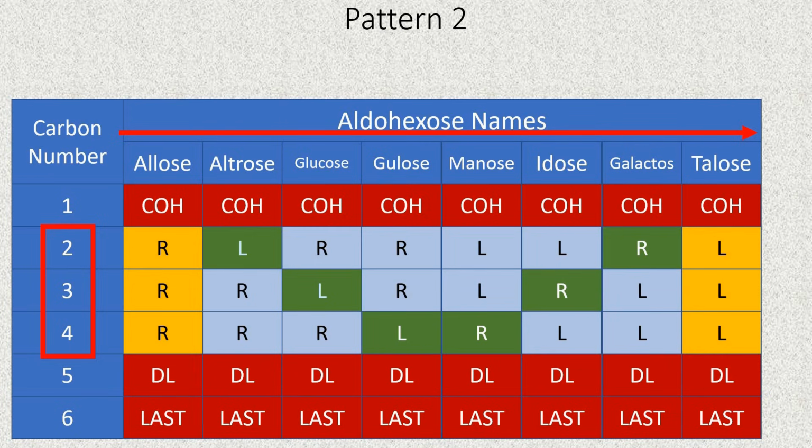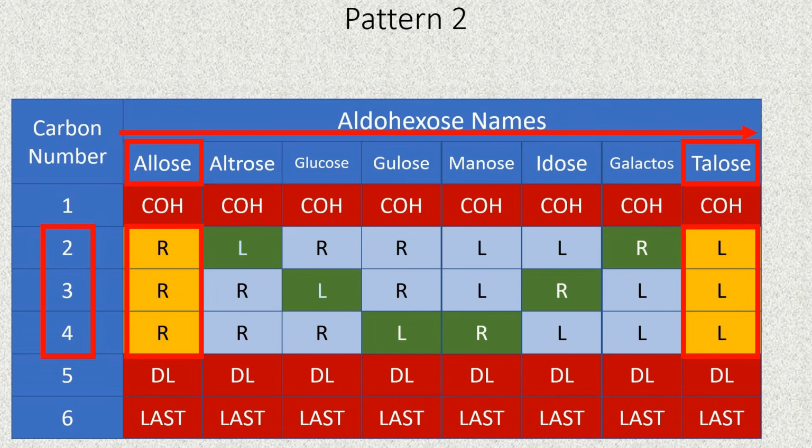So the pattern will only be for carbon number 2, 3, and 4. And in the beginning I told you that alphabetically the first sugar will have these hydroxyl groups, that is carbon number 2, 3 and 4, on the right side, while talose will have all these hydroxyl groups on the left side.